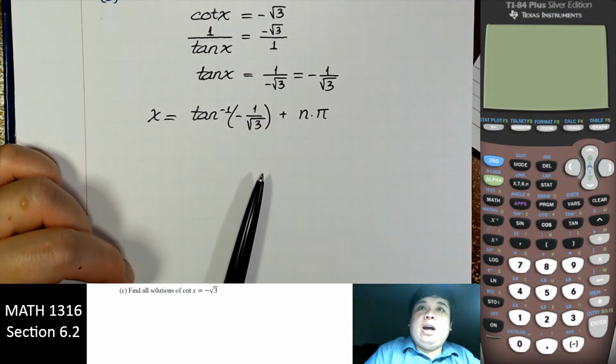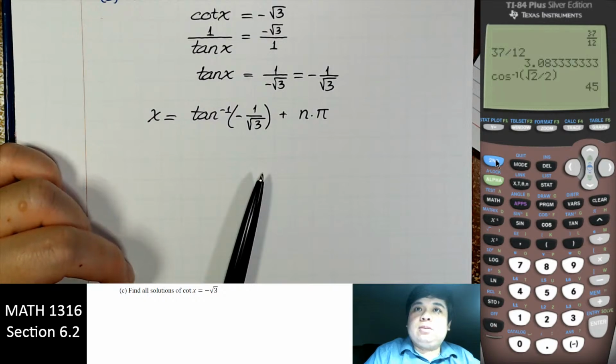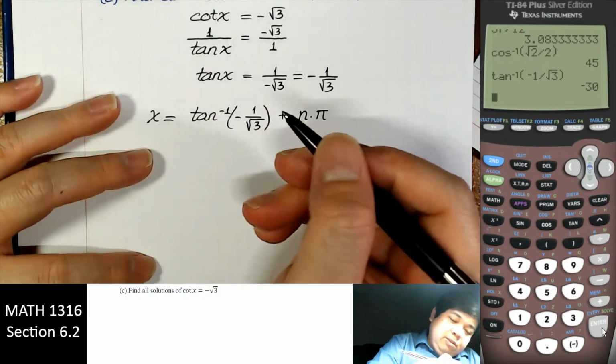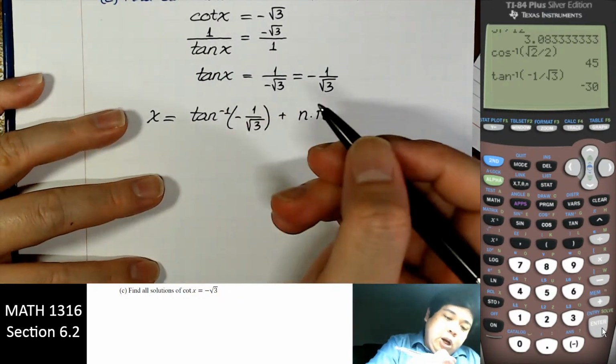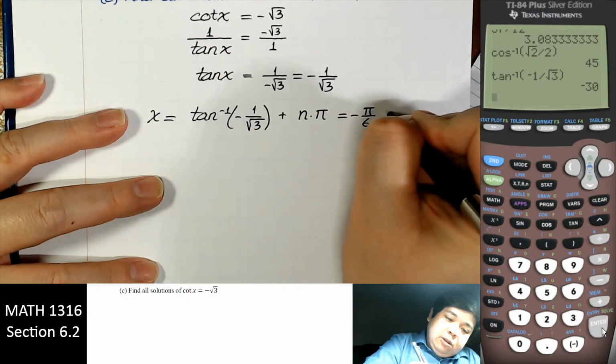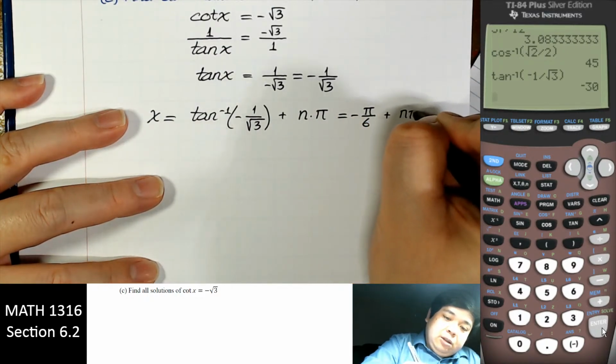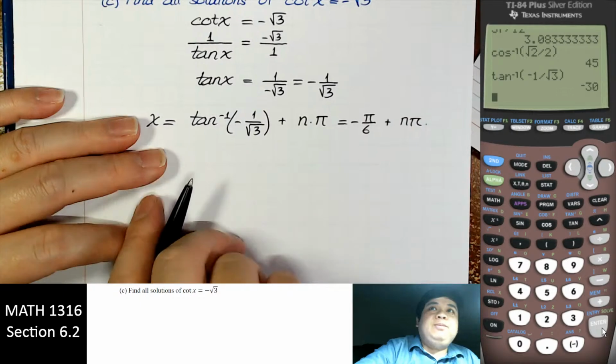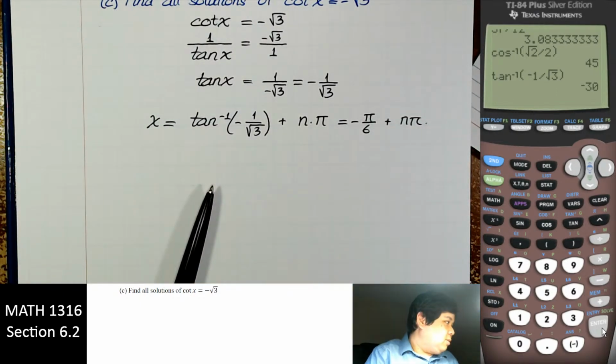Right. Now, what is the tangent inverse of negative 1 over square root of 3? So negative 30 degrees, which is negative pi over 6, plus n pi. And that's it. Right.